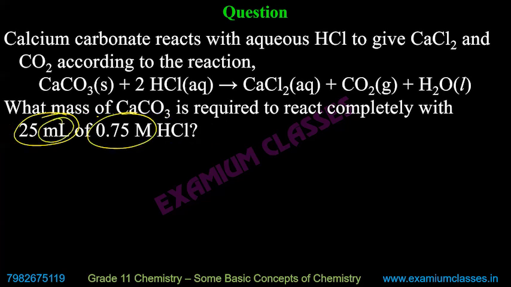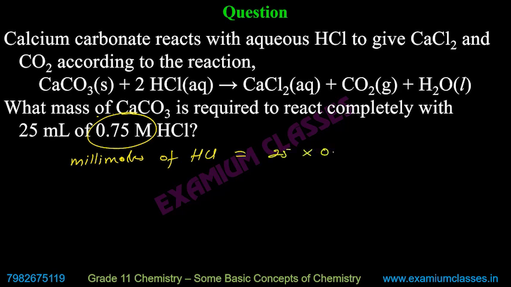Why millimoles? Because it is in milliliters. If it had been in liters, then it would give you moles. But because it is in milliliters, the millimoles of HCl which you need to react will be 25 into 0.75.